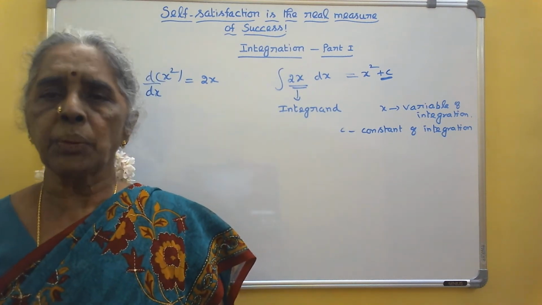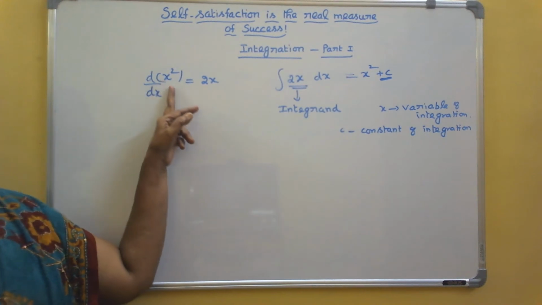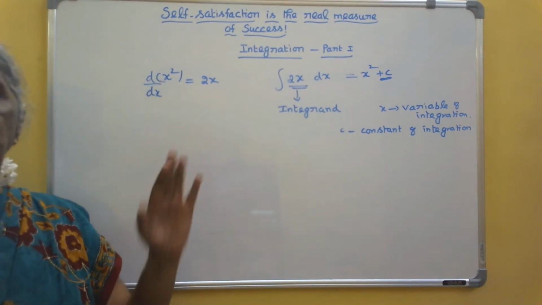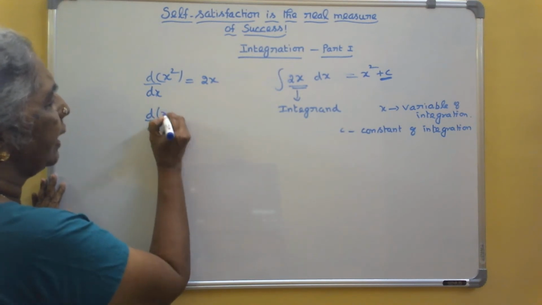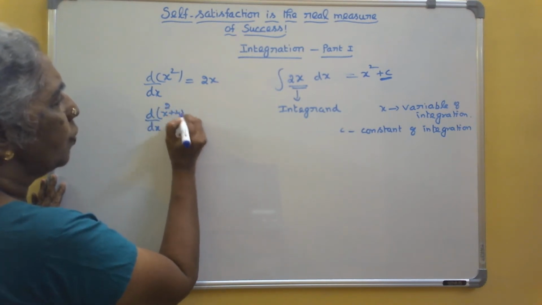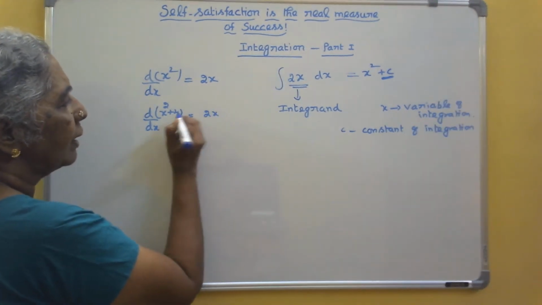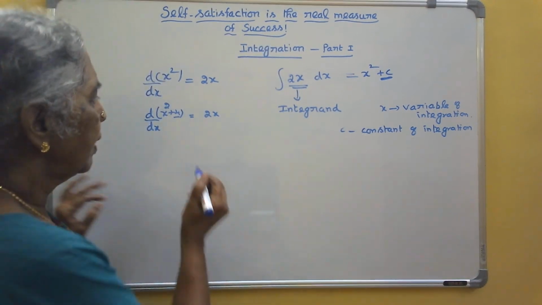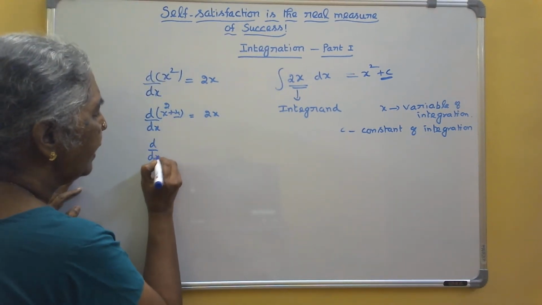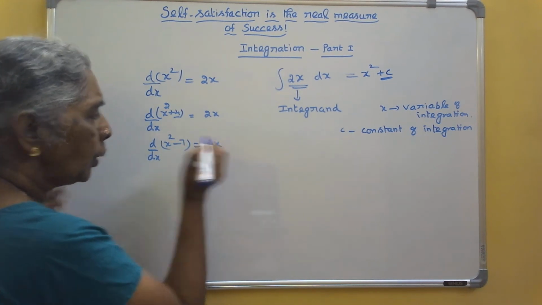Let me explain to you why we add a c. If you differentiate x squared, you are getting 2x, right? What will happen if you differentiate x squared plus 4? You will be again getting 2x, because the derivative of a constant is 0, right? Now, if you differentiate x squared minus 7, that is also 2x.